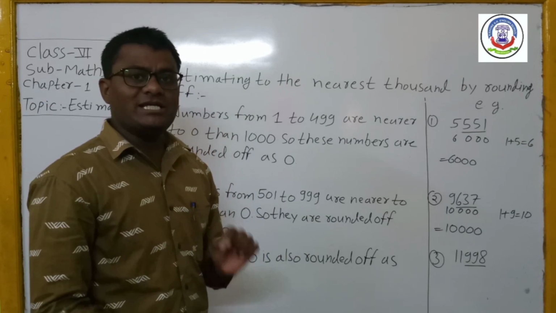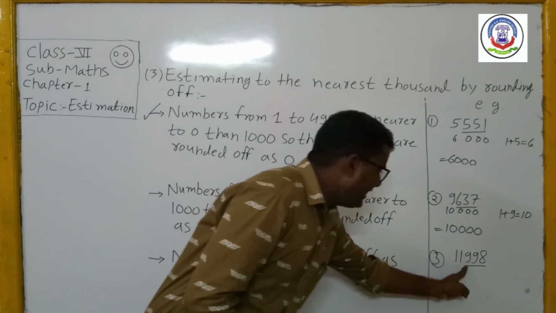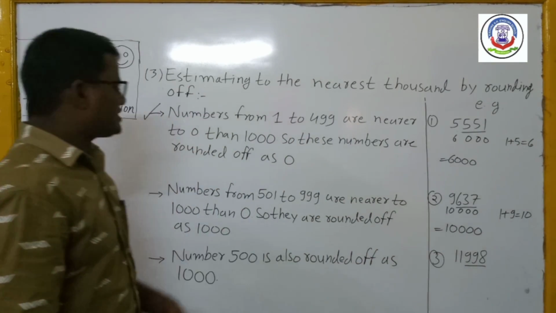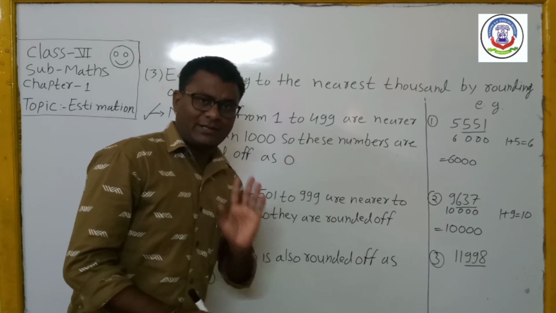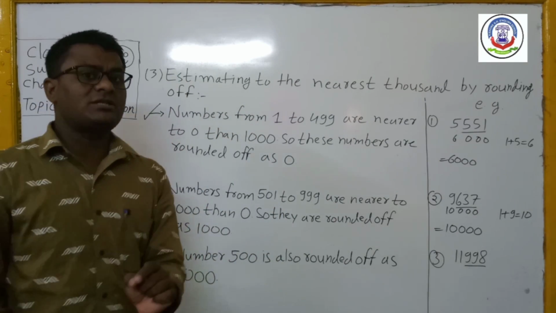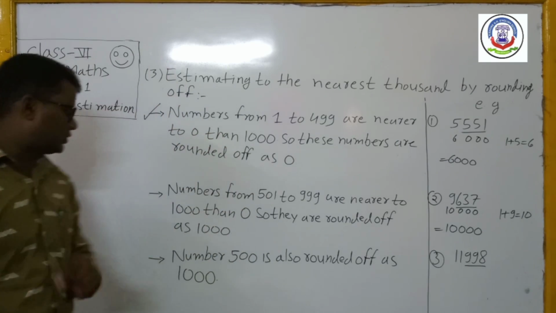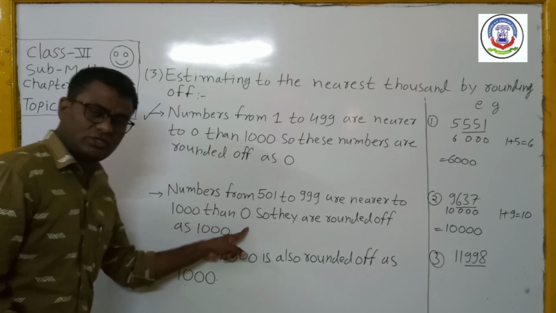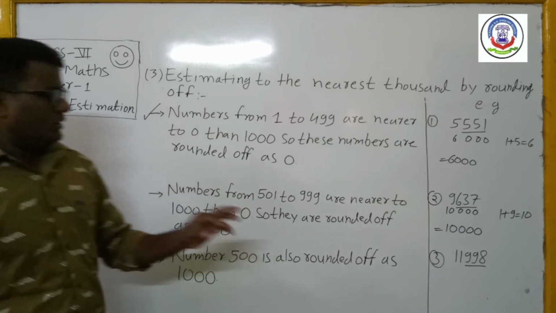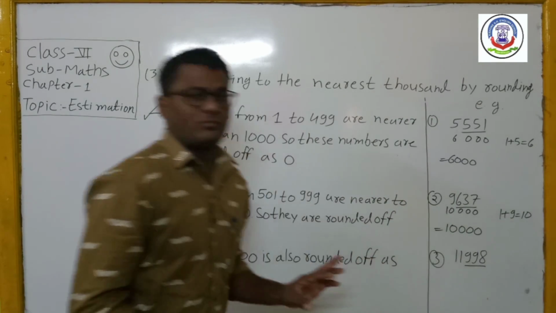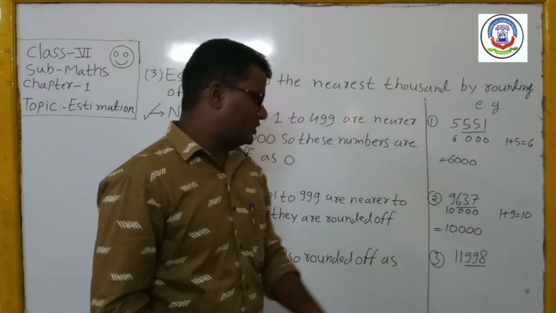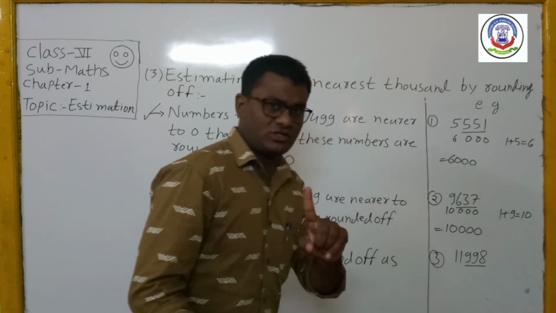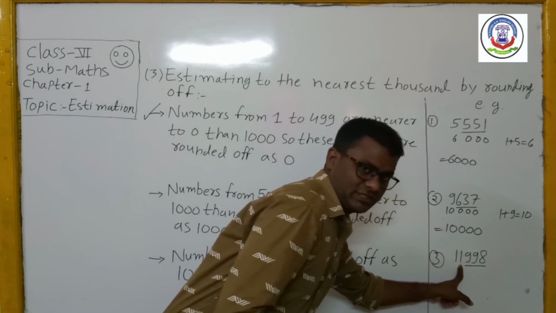Now you can clearly see that 998 lies between 501 to 999. Now this number is nearer to 1000 than 0. So these digits will be 000 and 1 is added to 11. Okay, son? Or this digit.